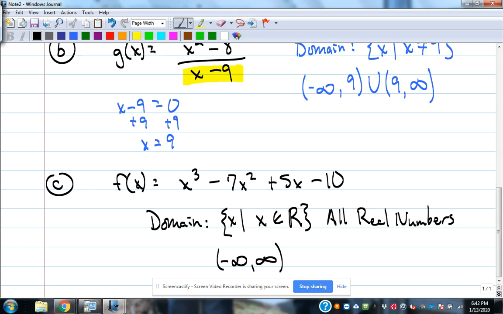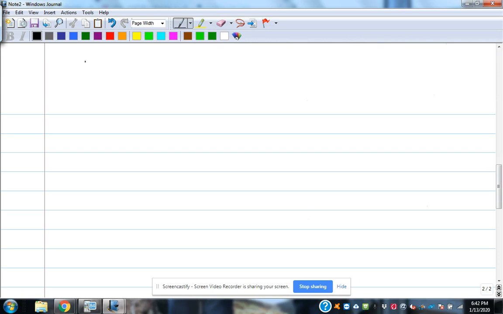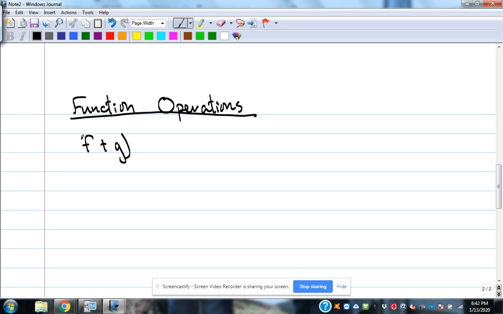We'll start with that. And then we'll get to, so with function operations, f plus g of x, all that means is you take the f of x function and add the g of x function to it.